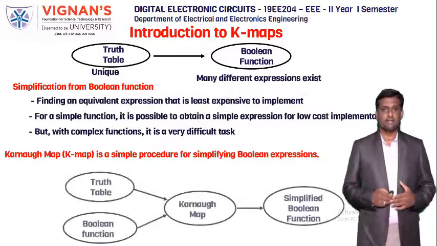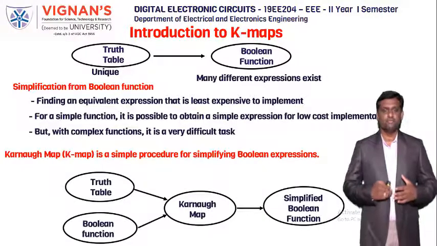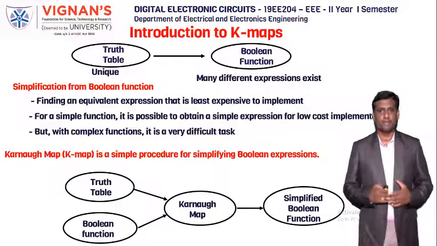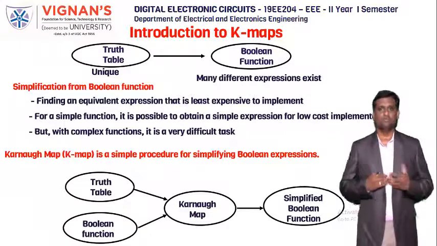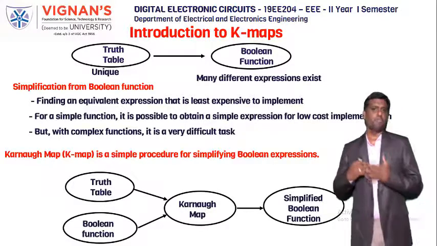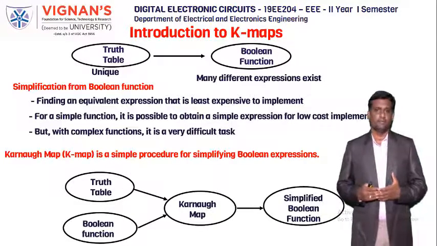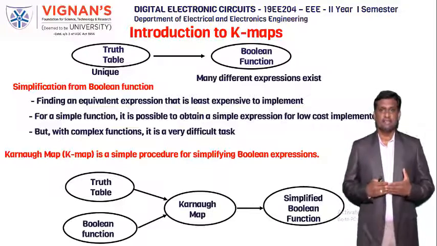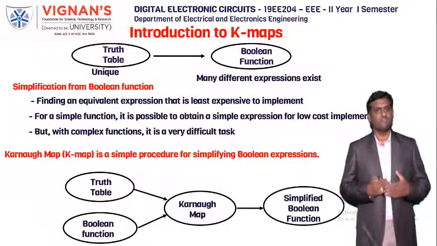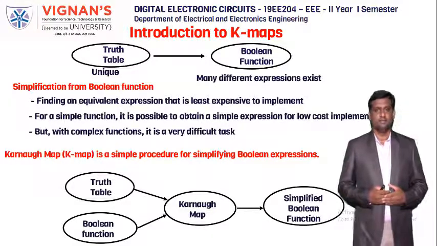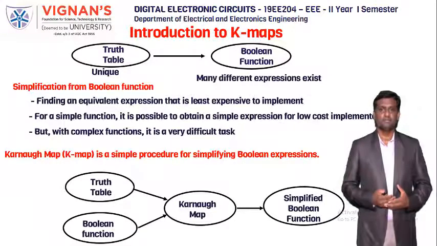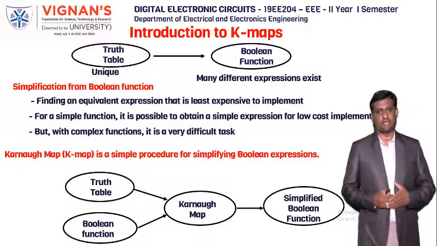Simplification of the given Boolean expression becomes complex if the number of variables is large in the SOP form or POS form of expression. That's why it will take more time to simplify the expression. That's why the alternate method proposed is the K-map method of simplification.